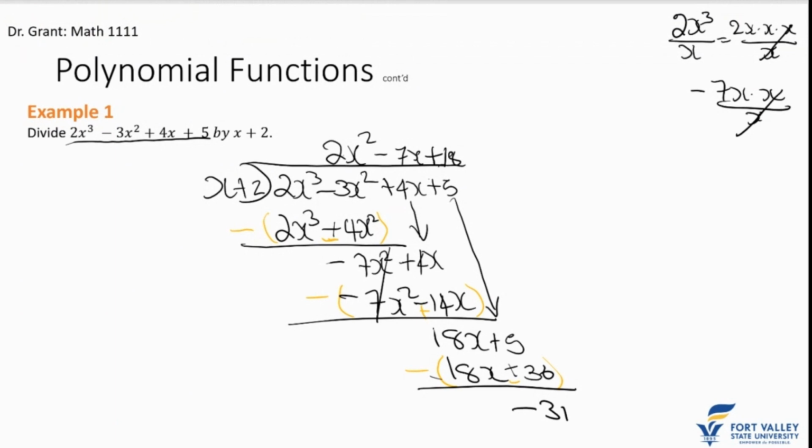Okay, how do I write my answer? So this is going to be equal to 2x squared minus 7x plus 18 with remainder negative 31 over my divisor, x plus 2.